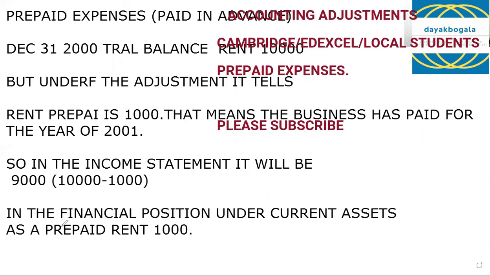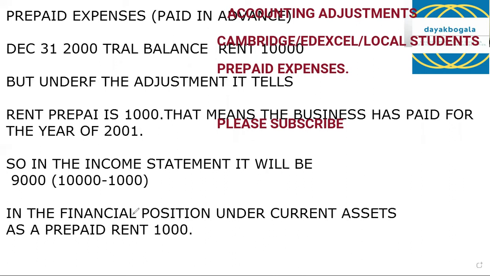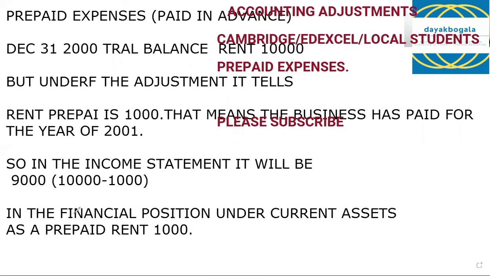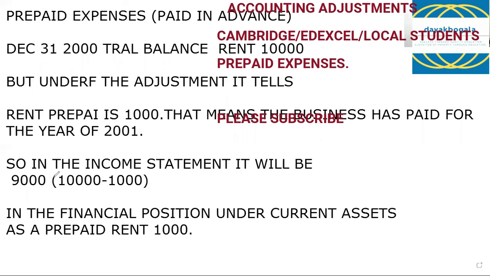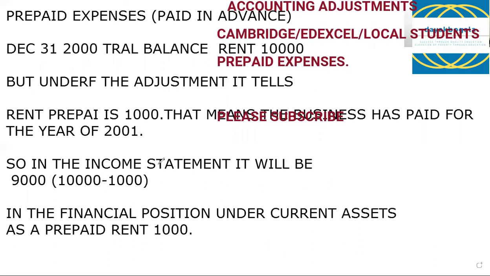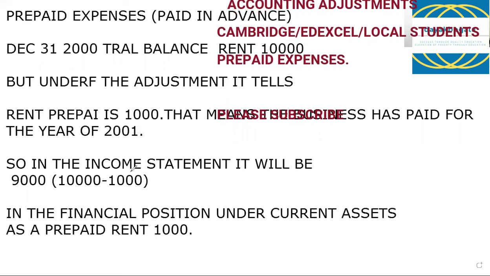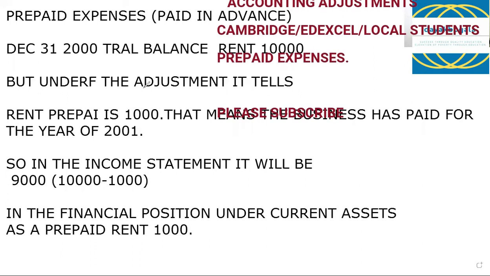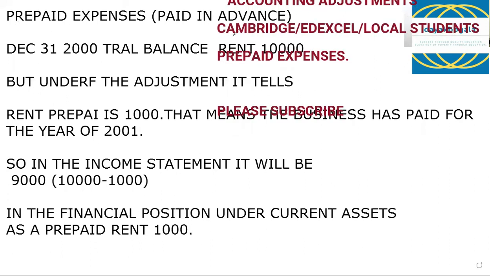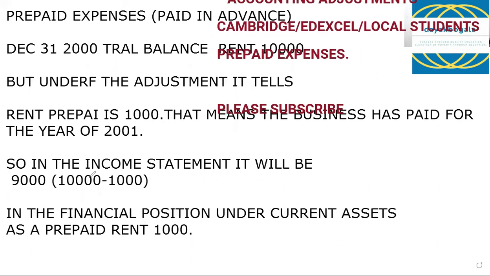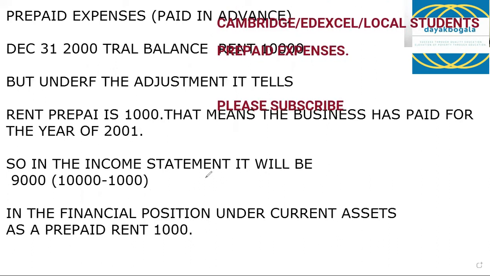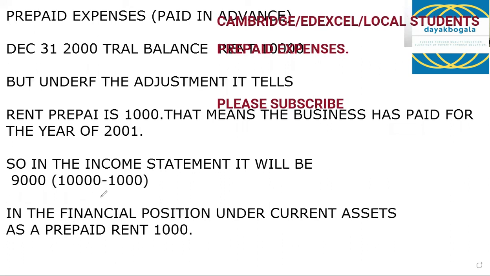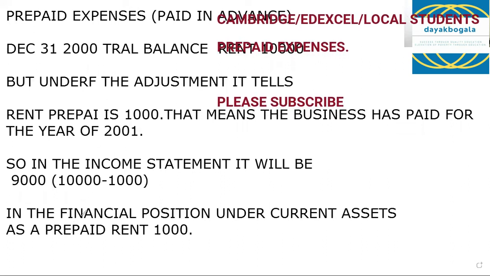When you make mistakes in this basic theory, you have a big problem. So you should be able to do prepaid expenses and accrued expenses correctly. I gave one adjustment before, accrued expenses. This is the second adjustment. Afterwards, I am going to discuss a full paper with all the adjustments.